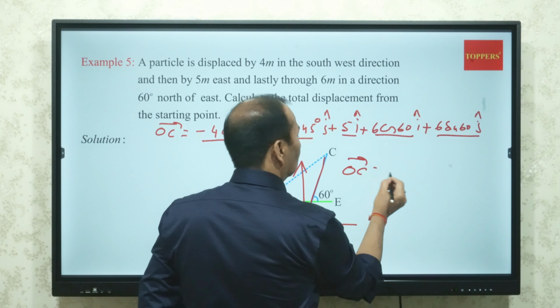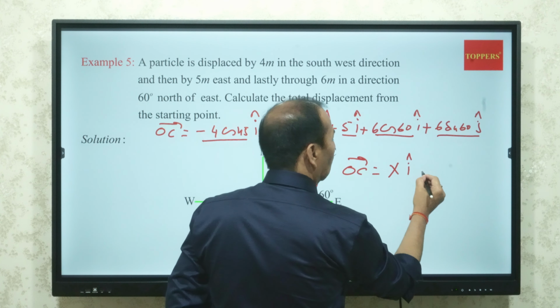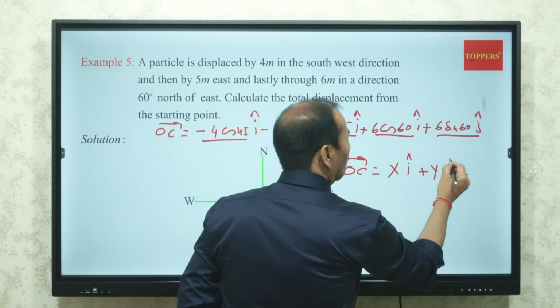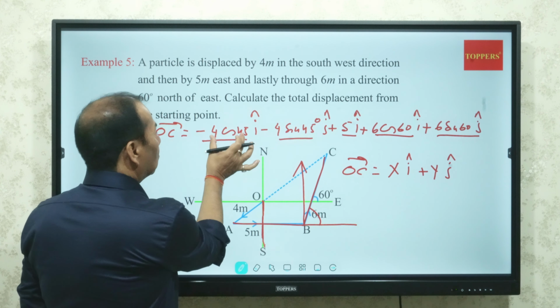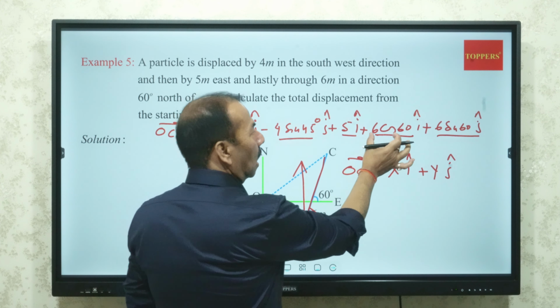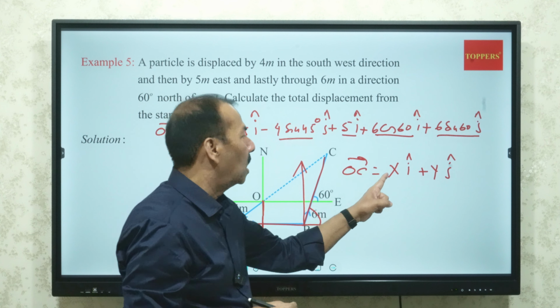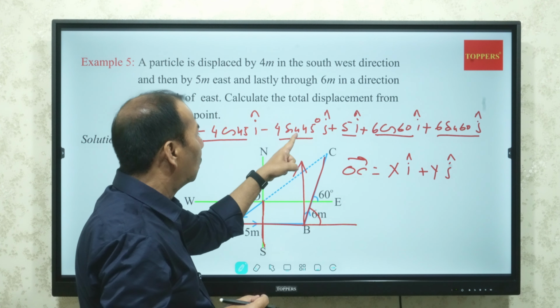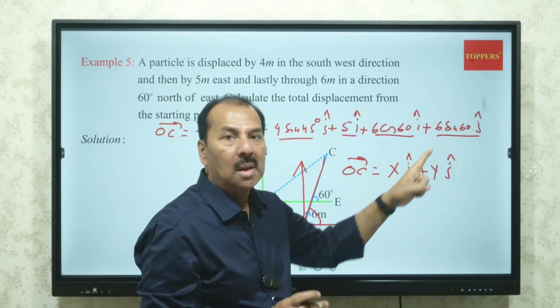OC is equal to xi plus yj. Means x equals what? Minus 4 cos 45 plus 5 plus 6 cos 60. If you calculate, I am assuming that value as x. And y is minus 4 sin 45 plus 6 sin 60.